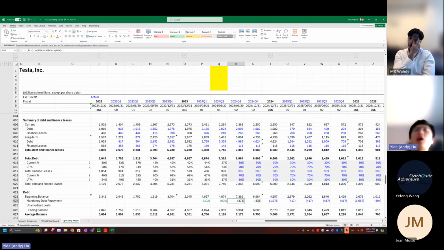So the change in current portion is going to be the same as the change in your debt repayments. Yes. So let's break this down. For 2024, the last quarter that they reported was Q2, and they said that their current portion is 2264.